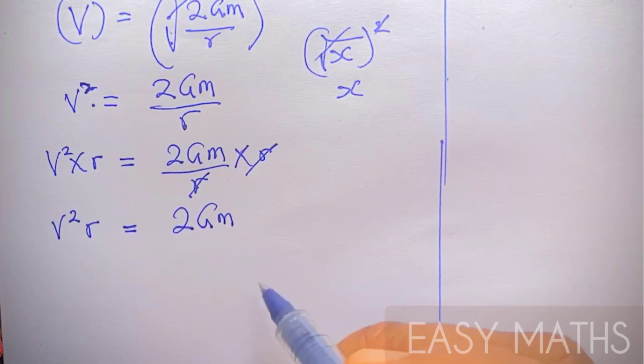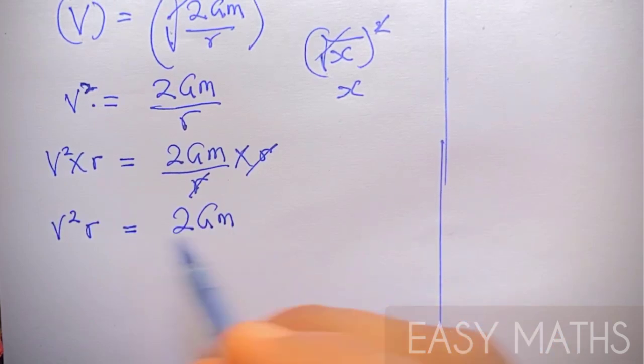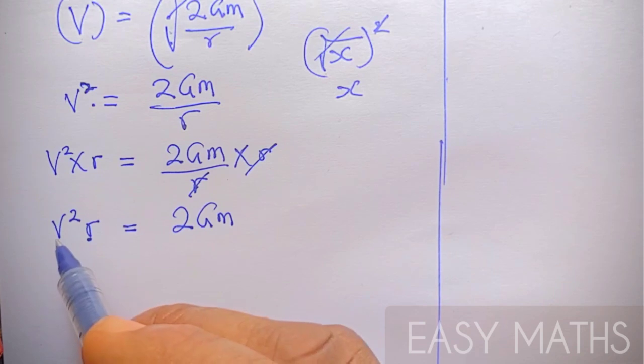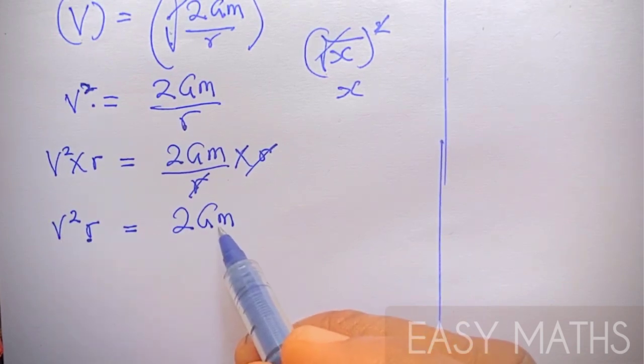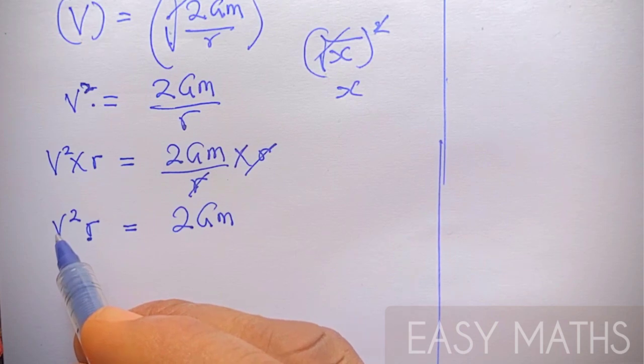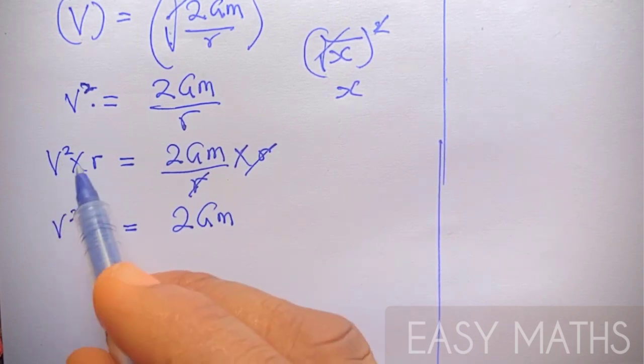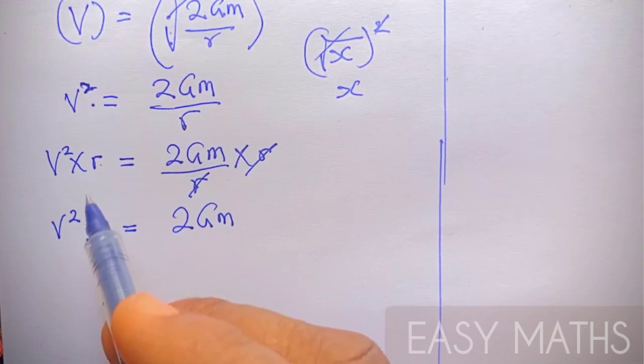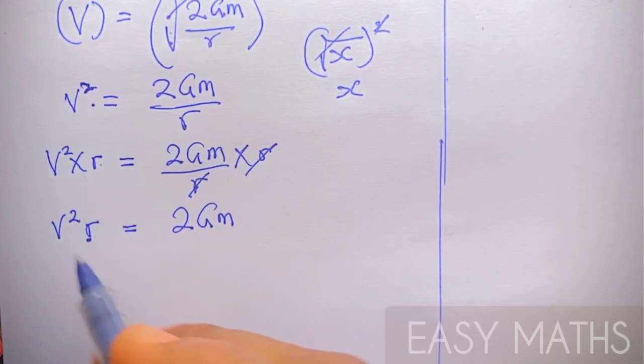2gm. Okay. Remember that we want to make r the subject of formula. So r is already here. What is left is this v squared. How do we bring this v squared over to this place? Now remember that this v squared r is the same as v squared times r, which is multiplication. So we are going to apply the inverse of multiplication, which is division.